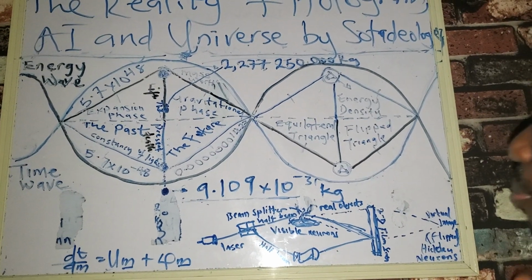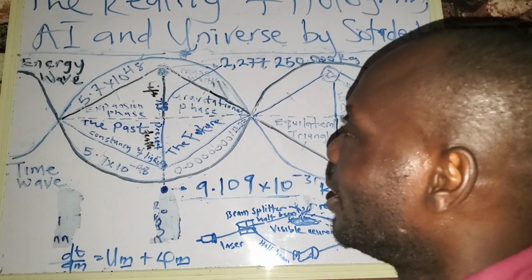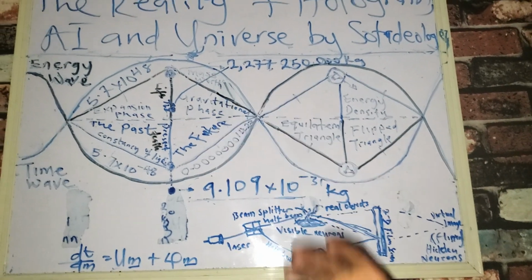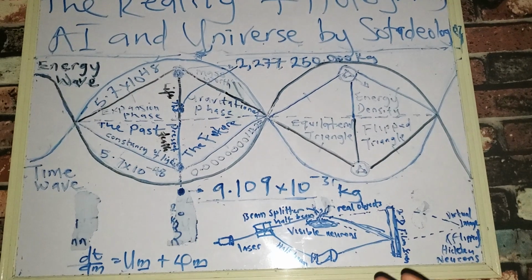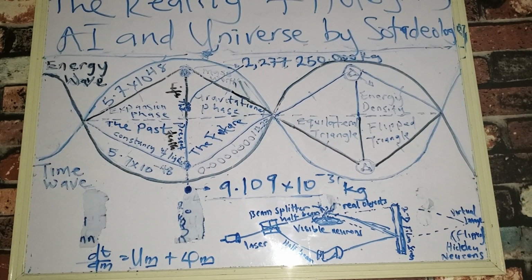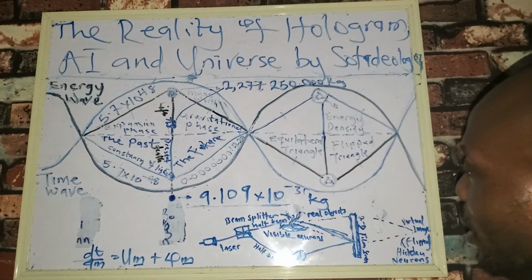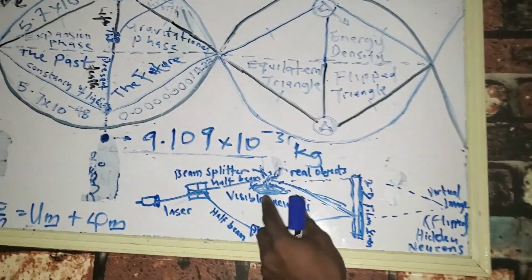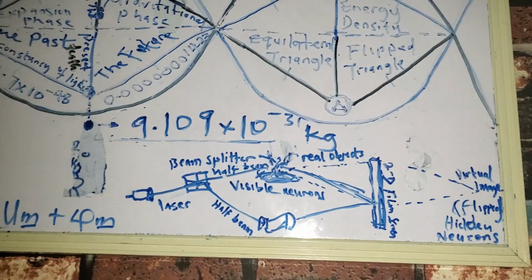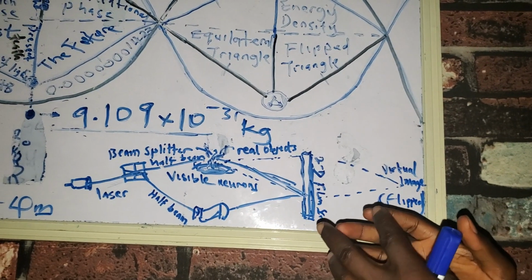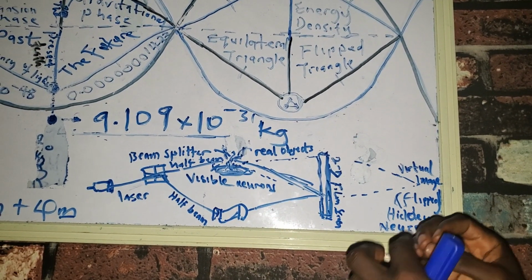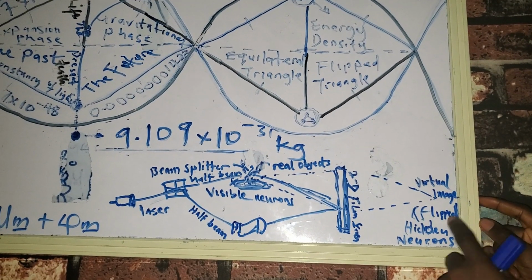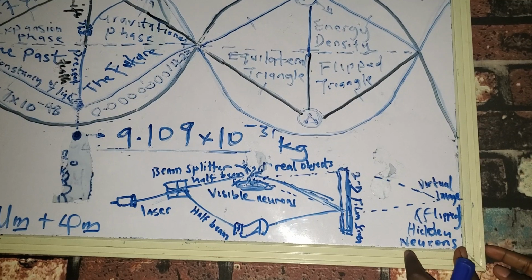So basically what I'm trying to say is that the neurons of AI are being configured in such a way. We have visible neurons and then we have hidden neurons. The visible neurons refer to the real object that AI will have to map, or that AI will have to generate its virtual image of by using hidden neurons.